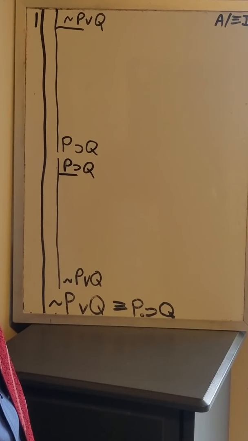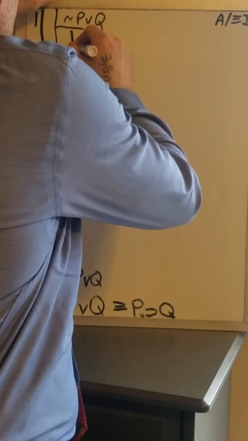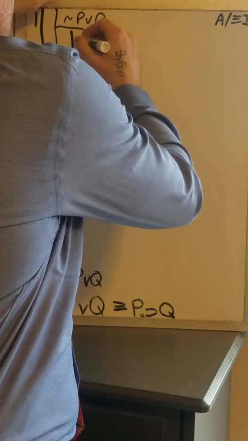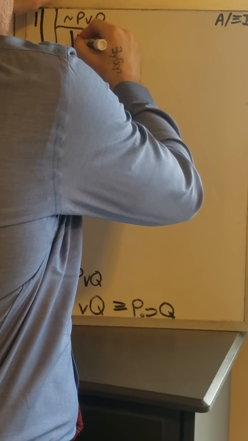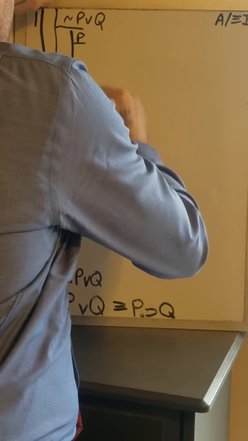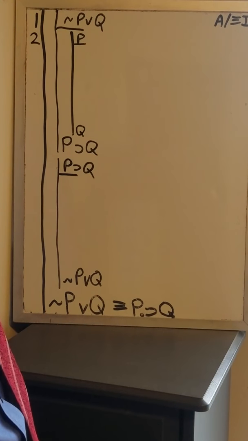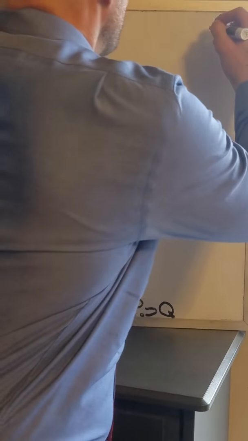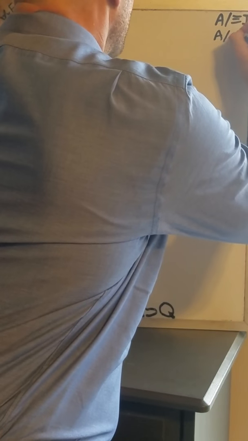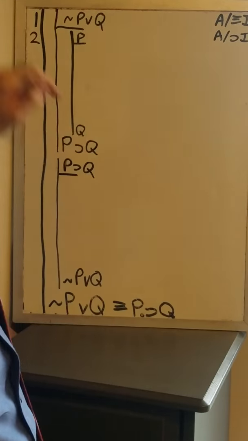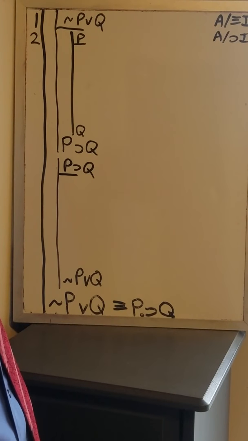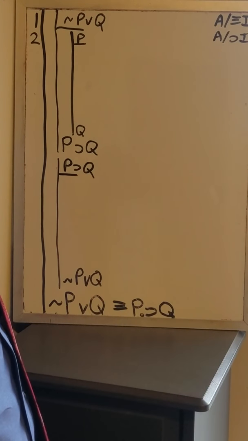So because we're trying to derive a conditional, we're going to assume the antecedent and try to show that the consequent follows. So we're going to assume P for purposes of conditional introduction, and try to show that we can get Q. So how can we do that?